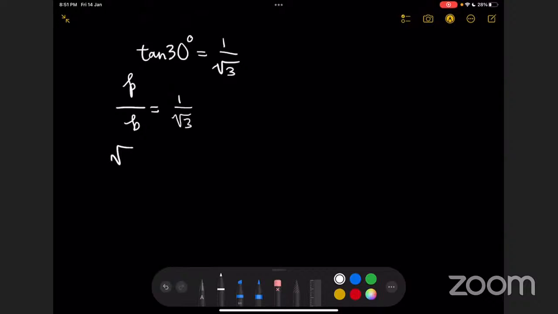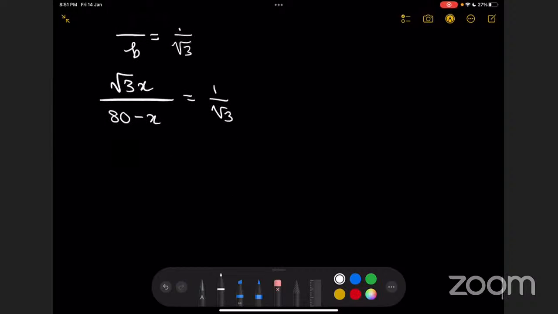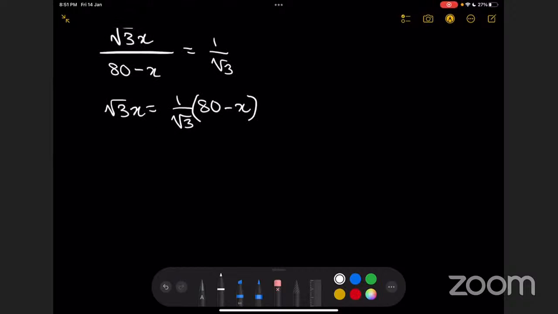So root 3x upon 80 minus x equals 1 by root 3. Then root 3x equals 1 by root 3 times 80 minus x. Cross-multiplying, that becomes 3x equals 80 minus x, 4x equals 80, x equals 20.